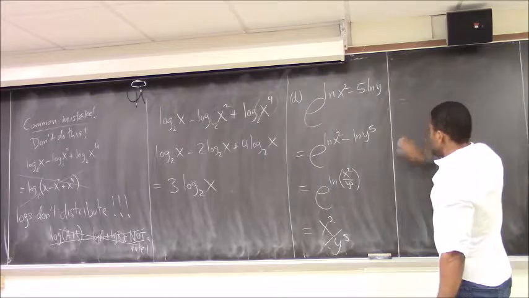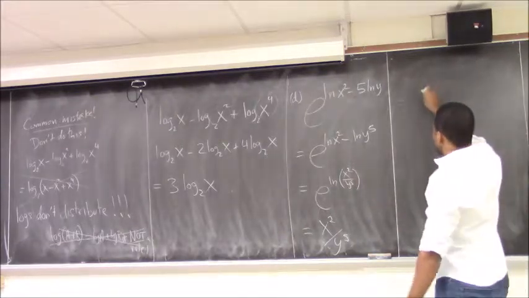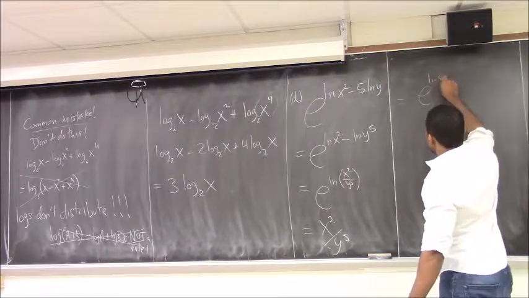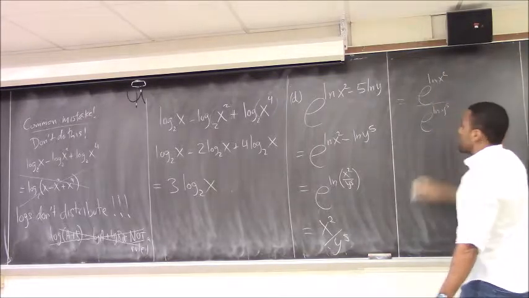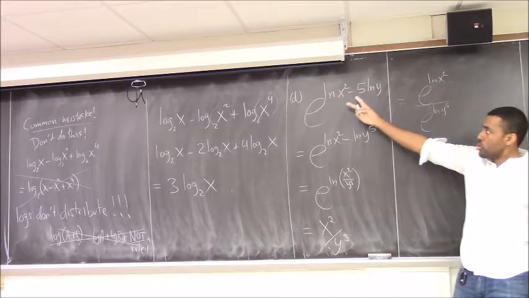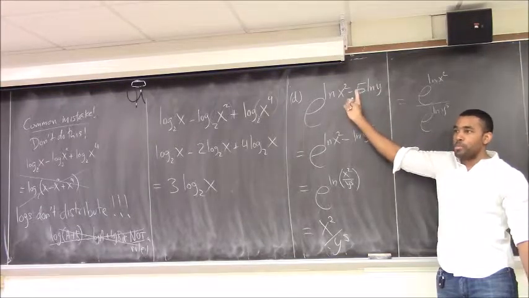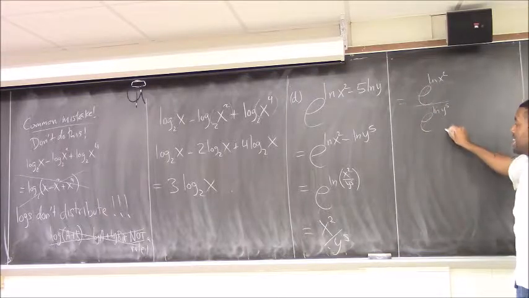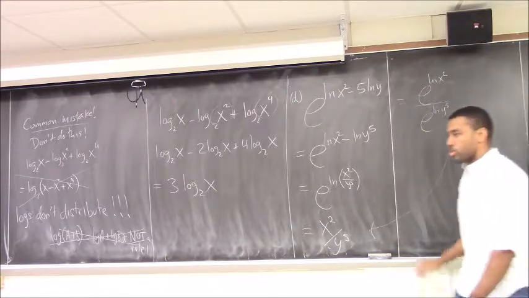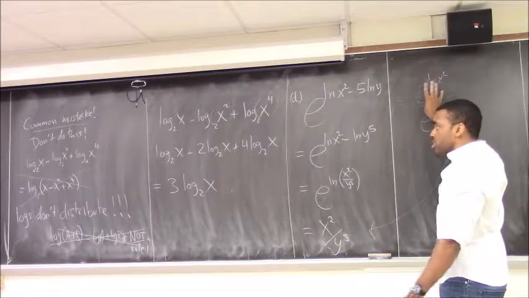There are other ways to do it. There are so many ways. I could have thought of this as e to the ln of x squared divided by e to the ln of y to the fifth, because I'm using the exponential rule that when you subtract powers, it's actually a division. And then these would cancel right away, and again I would get to here. Again, multiple rules. Here I'm applying the laws of exponents to simplify first.